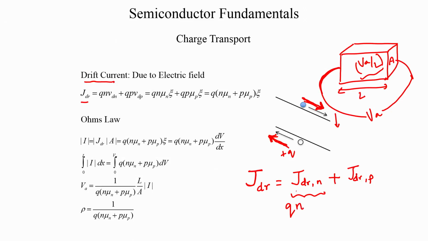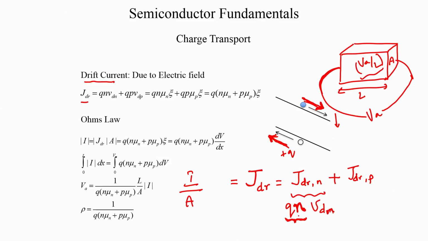We are talking about the drift current density, the current per unit area, I by A. So, this is the total charge of free electrons per unit volume. n is the number of electrons per unit volume in the conduction band, which is the free electron concentration. q is the electronic charge, and therefore qn is the total charge of the electrons that are responding to the applied field, multiplied by the drift velocity of the electrons.